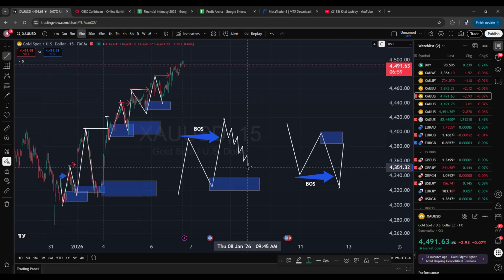Obviously, it may not look this nice and pretty every time, but we see these things. So we've got the where, and we know in this area we're looking to buy.